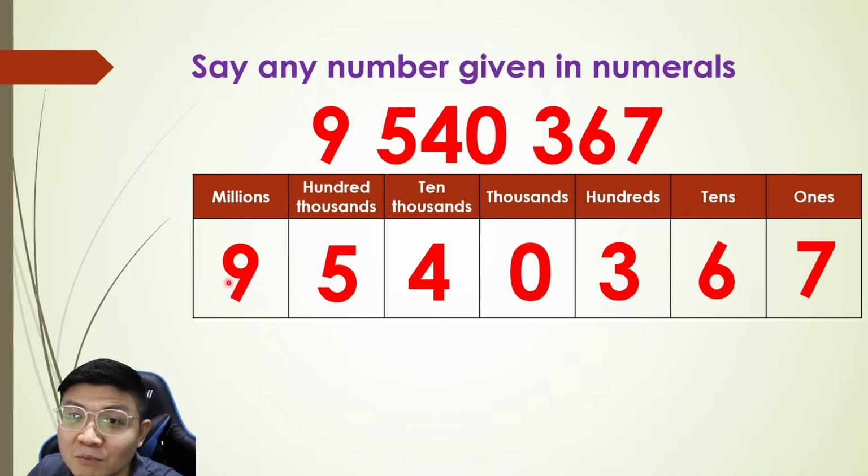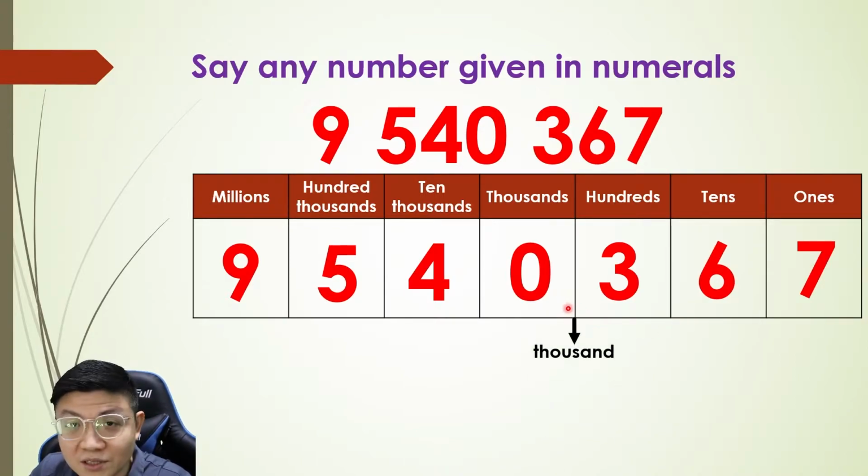Oh, when it comes to million, there are 7 digits. So, students, you may have to remember that when it comes to million, there are 7 digits. So the way of reading or saying the number is still the same. Count 1, 2, 3, put 1,000. 1, 2, 3, put a million.